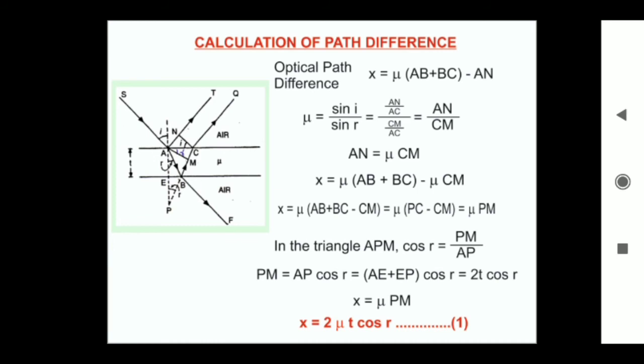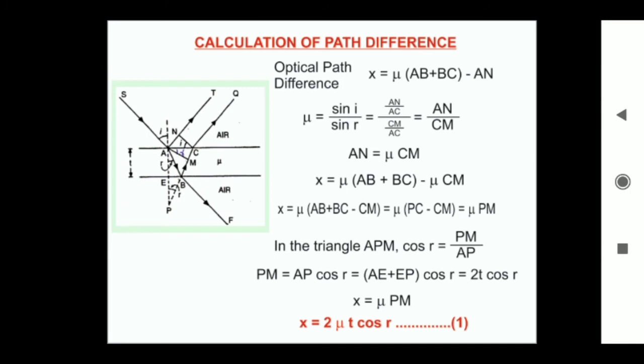It is given by (AN by AC) divided by (CM by AC), and it is equal to AN by CM, or AN is equal to mu into CM. Therefore, the path difference x is equal to mu into (AB plus BC) minus mu into CM. Here mu is common, therefore x is equal to mu into (AB plus BC minus CM).